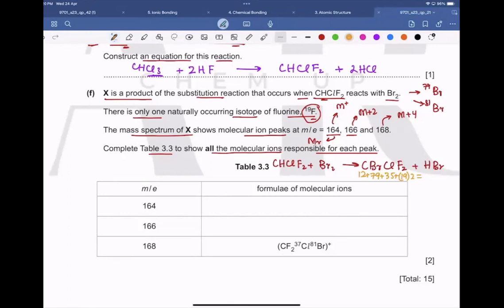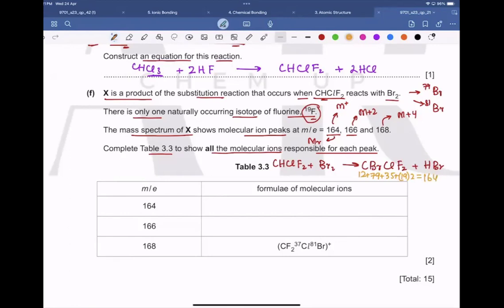130, 126. 126 and 8 is 134 and 30. Is it 164? Yeah, so it's 164.